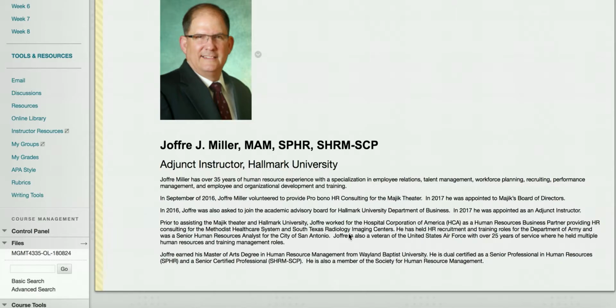Within Methodist healthcare system, I had South Texas Radiology Imaging Centers, which is a separate company, but is owned partly by Methodist. I was employed by Hospital Corporation of America, HCA, which owns Methodist. I had two business lines. The first was strictly South Texas Radiology Imaging Centers, and then I went on to have some other business lines, such as the entire corporate staff at Methodist Healthcare System for all six hospitals.